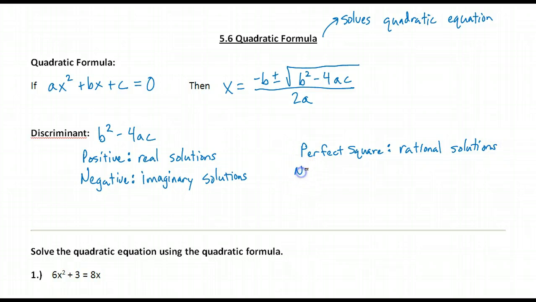If I get a non-perfect square, then when I take the square root of a non-perfect square, my answer is going to be irrational. So no matter what math I do, I'm going to be stuck with irrational solutions.